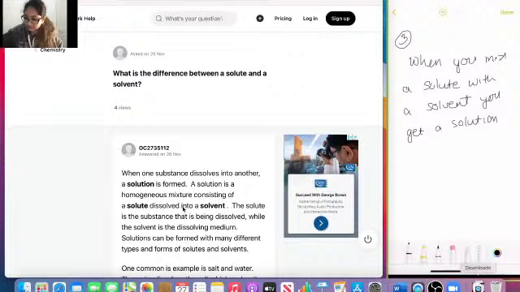And so basically a solution is homogeneous. It is a homogeneous mixture consisting of a solute dissolved in a solvent.